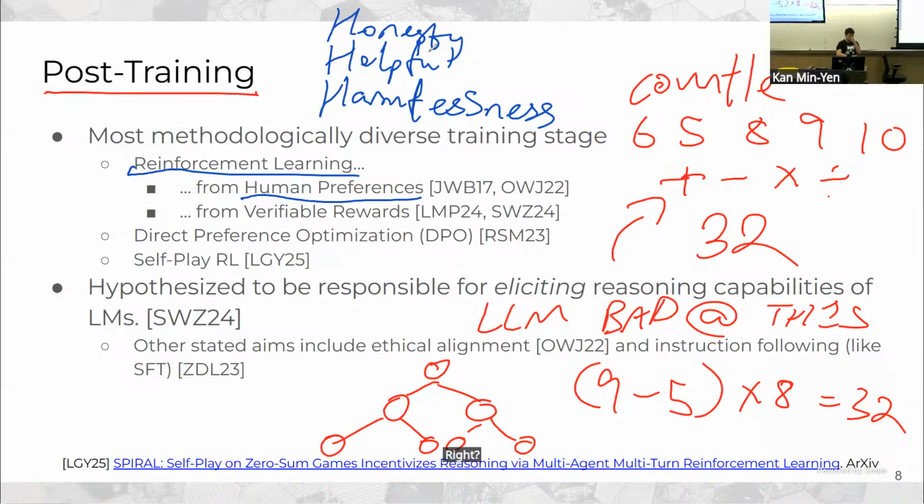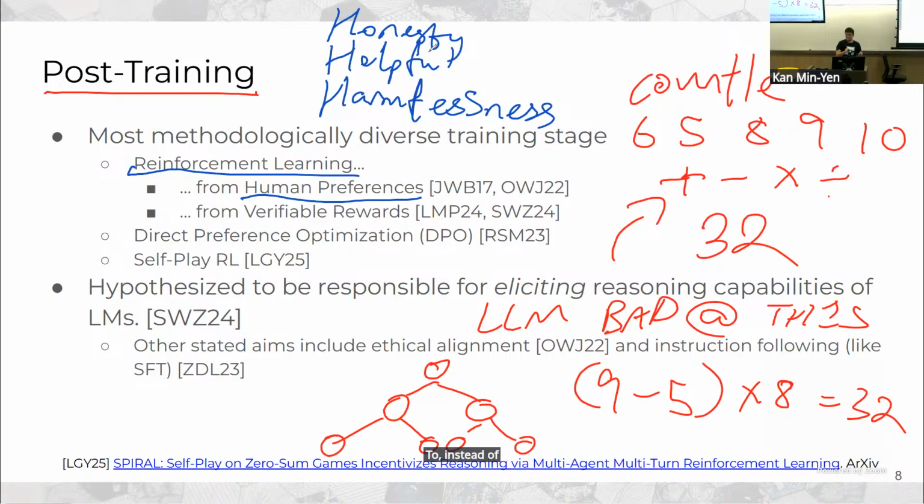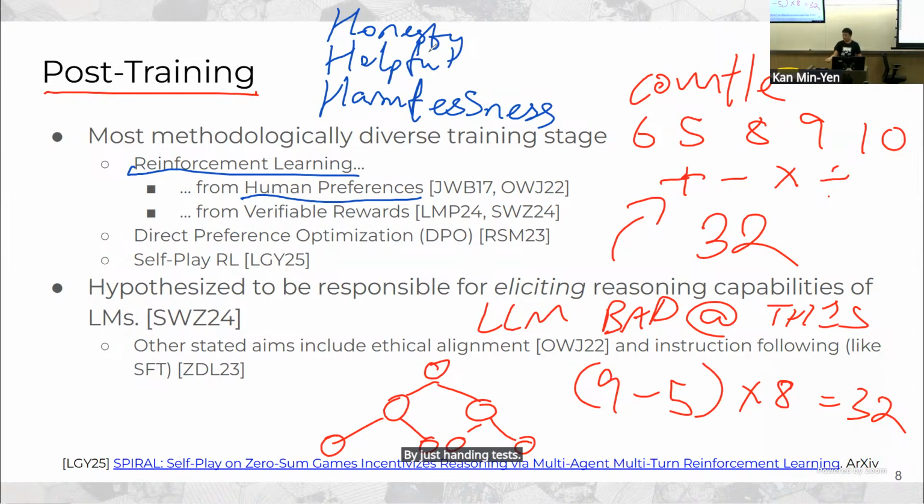Right? These are really murky concepts that you would be able to imbue into the model, instead of through curated, painstakingly handwritten examples, by just handing texts to human contractors and asking them, is this honest?